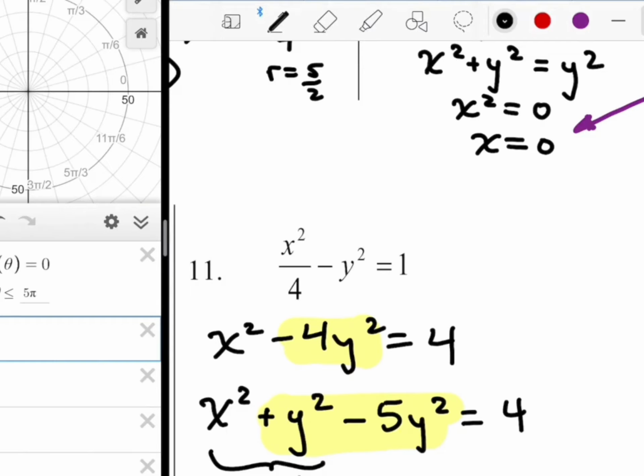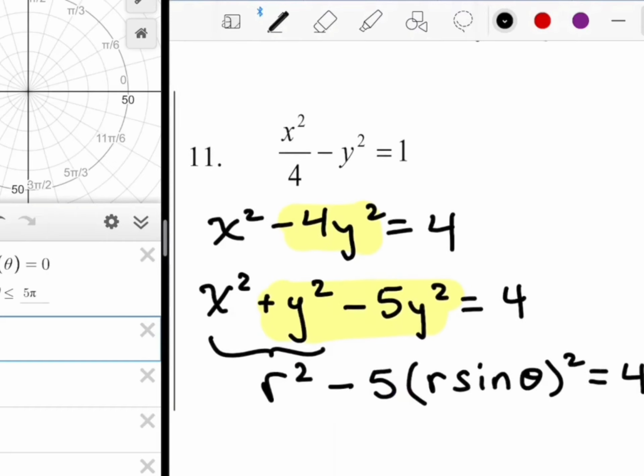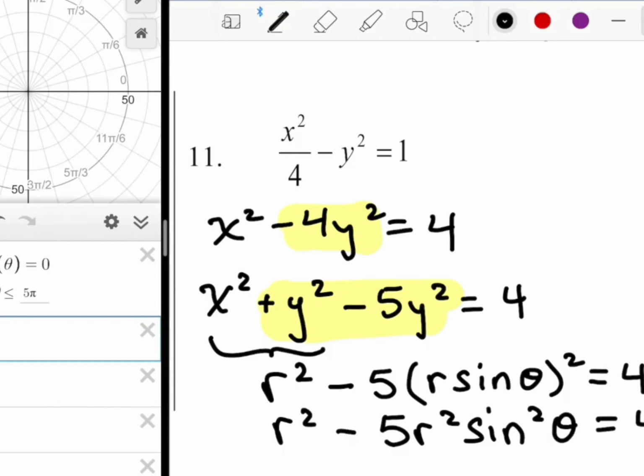That allows us to make an r squared, and then we can make this minus 5, and then instead of y being r sine theta, it's y squared, so it would be (r sine theta) as a quantity squared, is equal to 4. Which becomes r squared minus 5r squared sine squared theta is equal to 4.